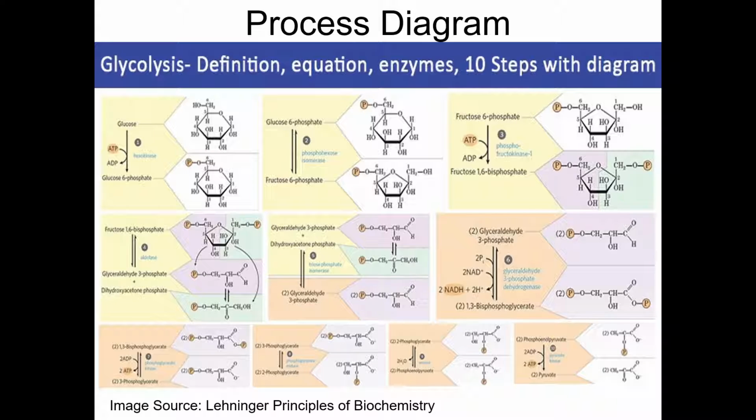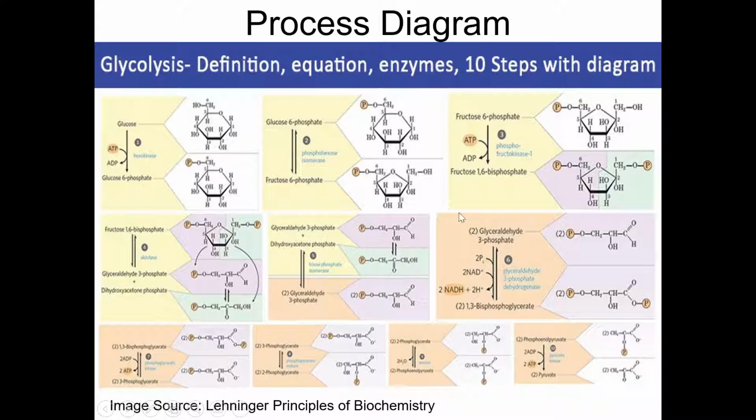It turns the glucose into glucose 6 phosphate, which is more reactive than glucose and also traps the glucose inside its cells, since with the phosphate it can't cross the membrane as easily. The enzyme in that one is hexokinase.